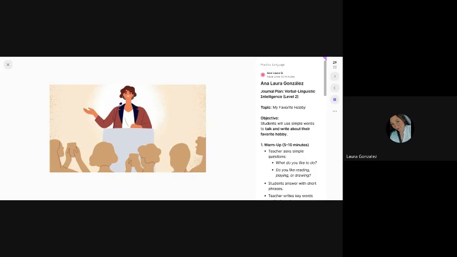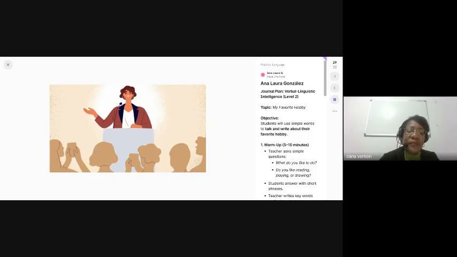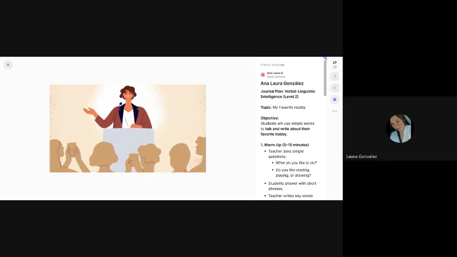The teacher asks simple questions like, what do you like to do? Do you like reading, playing, or drawing? The students can answer with short phrases. Teacher writes keywords on the board like read, play, draw, fun, happy. The purpose is to help students start thinking and speaking using simple words.